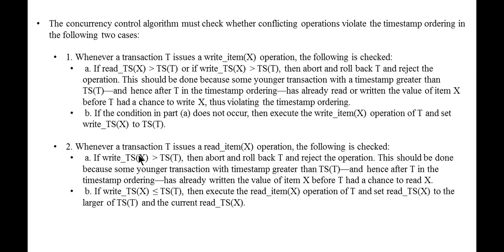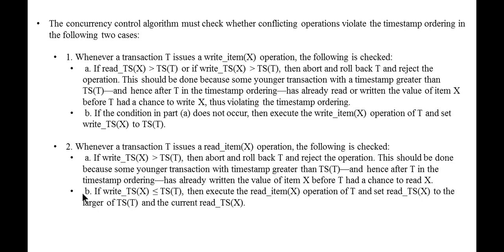If this condition is true, again abort and roll back T, because some transaction younger than T has already written the value of X. That's why T is not allowed to read.